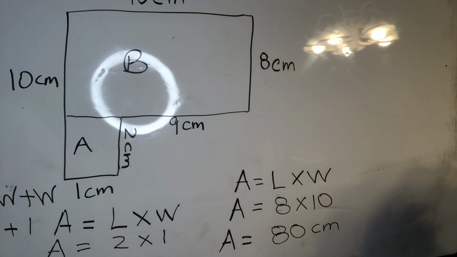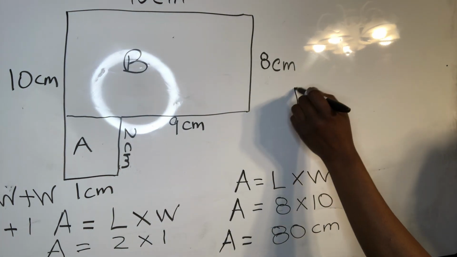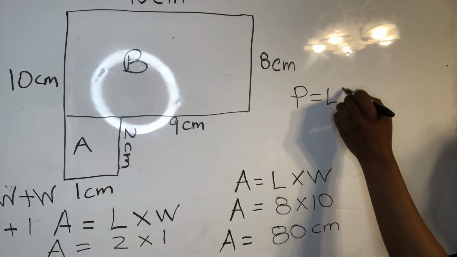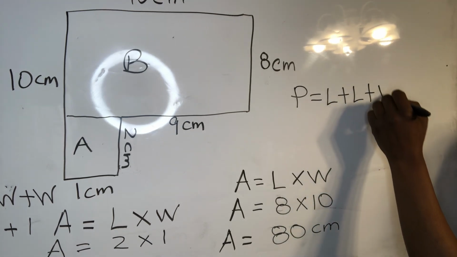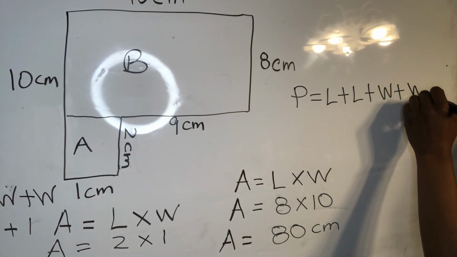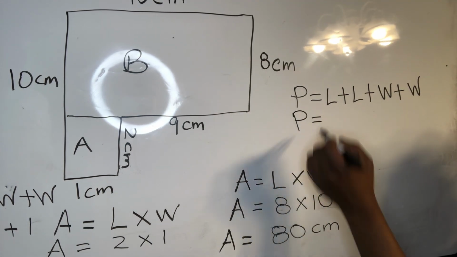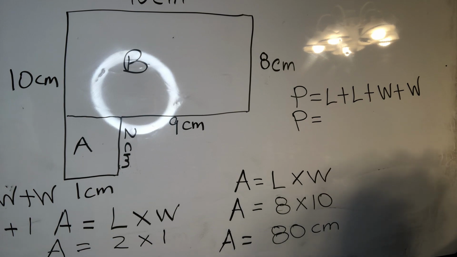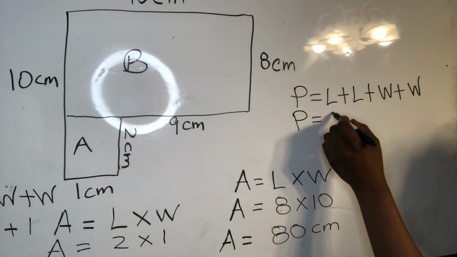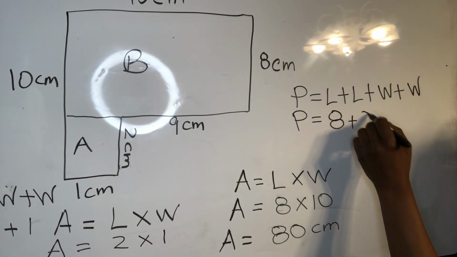All right, so now we're going to get our perimeter for the last part of this shape. So now we have P equals L plus L plus W plus W. Then we're going to write our P again and substitute our letters for numbers. As we said, our length is 8, so that's 8 plus 8.